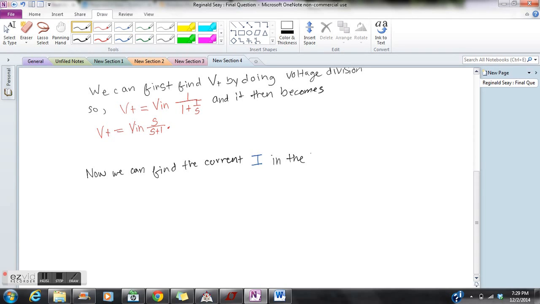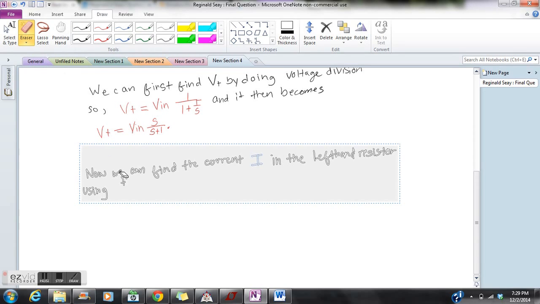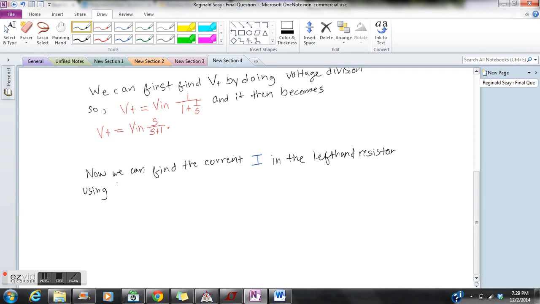Now we're going to find the current I in the left-hand resistor using the rule for ideal op amps.